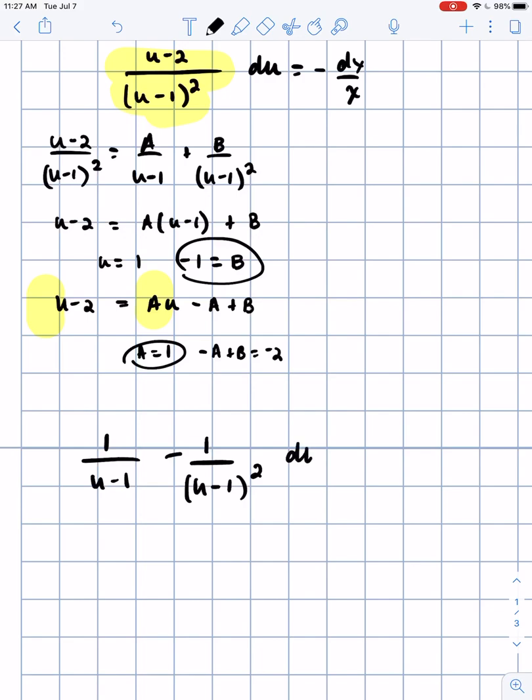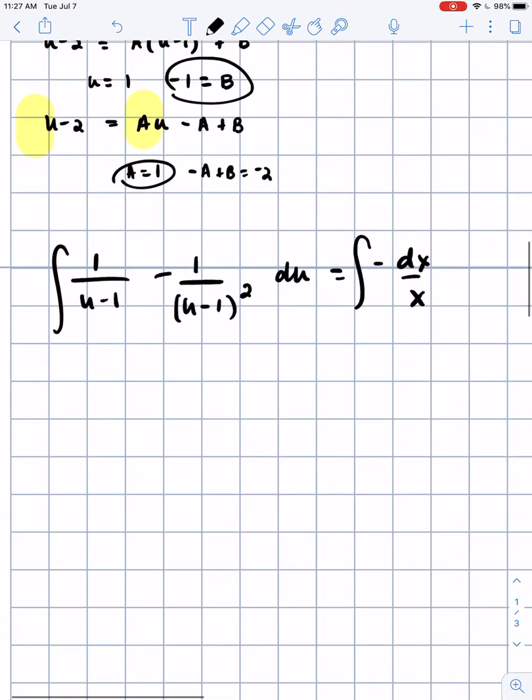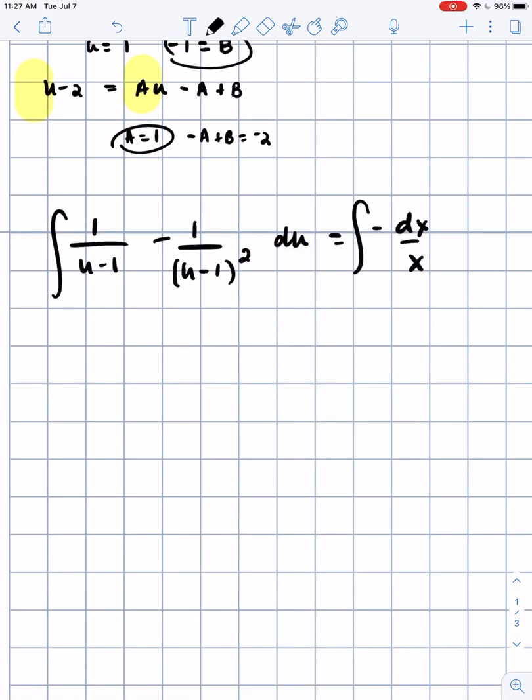Okay, and you'll see now we could integrate both sides, separate, integrate, right? And here you would then get ln of u minus 1 minus, this is the antiderivative, right? So this is going to be plus 1 over u minus 1, and then equals negative ln of x plus c.